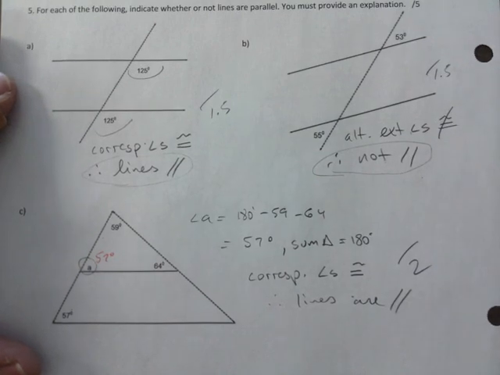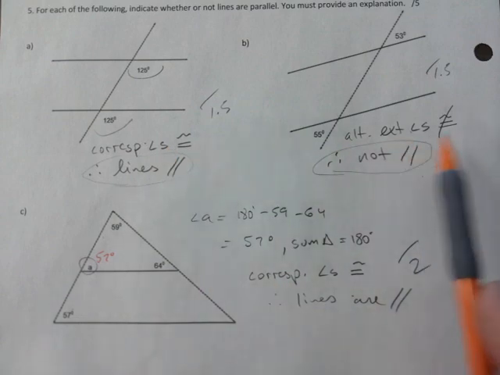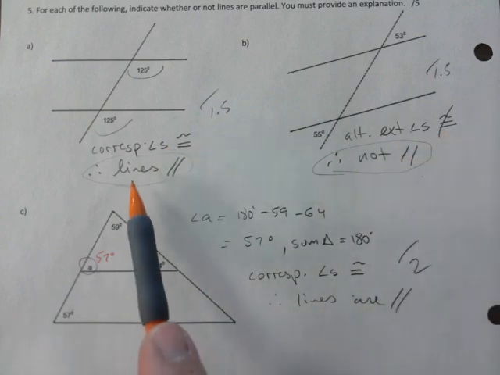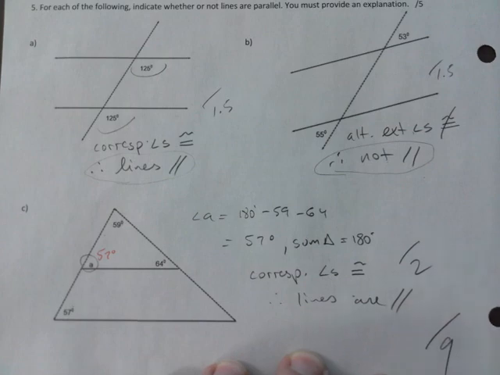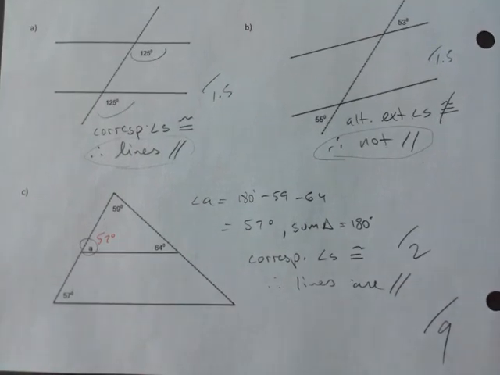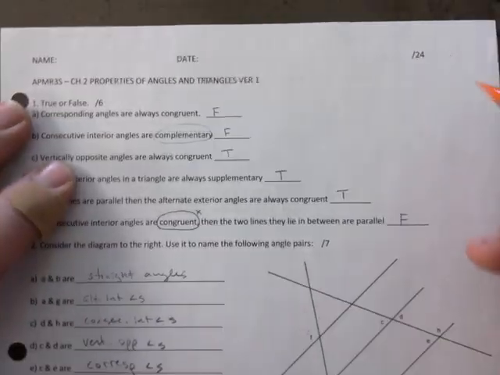So you would get 1 mark for saying, hey, this is true or something is not true, and then half a mark for making your final conclusion there. So this page is worth 9, right? 9 marks. So 9 and 16, was it? 25, right? 9 and 16 adds up to 25. And so not 24, but 25 total.